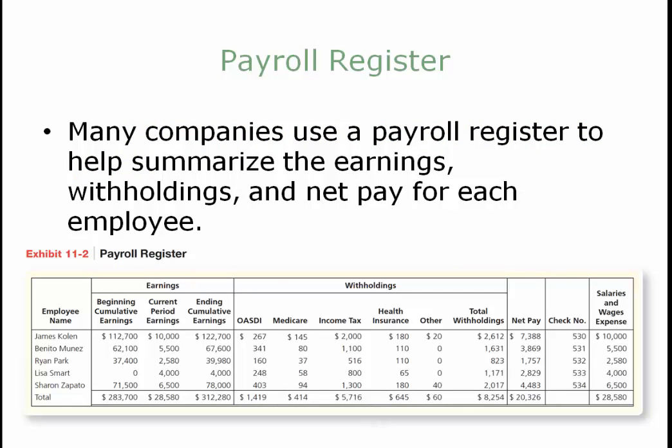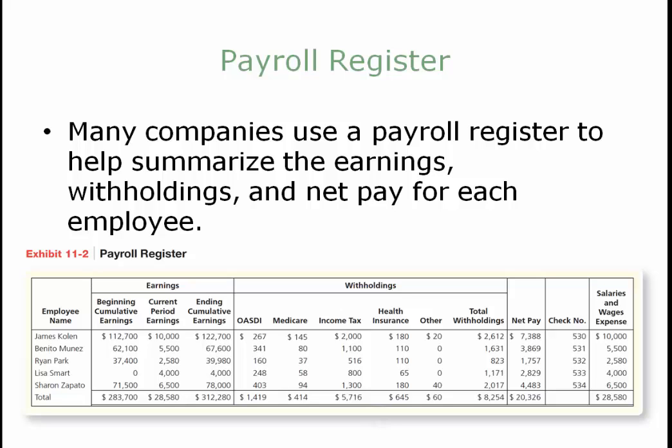Here's what you call a payroll register. What it does is it keeps track of what the person has made for the year, what taxes have been taken out, what insurance has been taken out, and what their salary is for the month and year to date. They'll use this to determine how to generate your W-2, that you get at the end of the year that you use to file for your taxes.